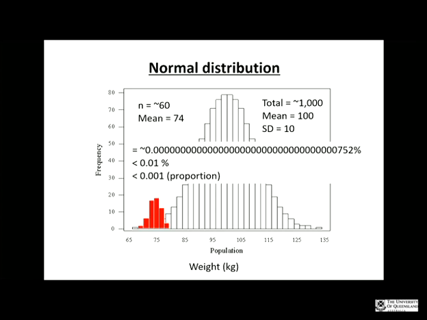In percent, it works out at less than 0.01% once you have a sample out near the tails. So you can see it's very unlikely that you would just randomly select that sample without something else going on there.